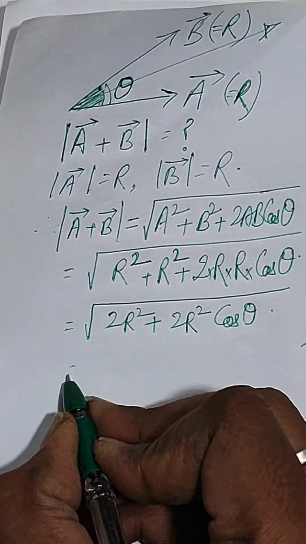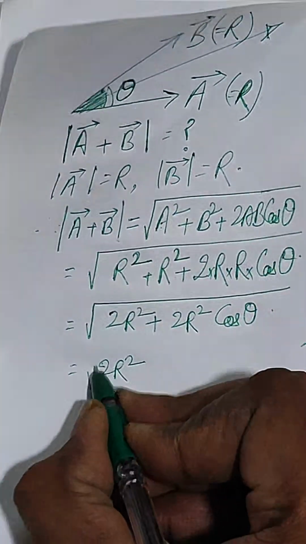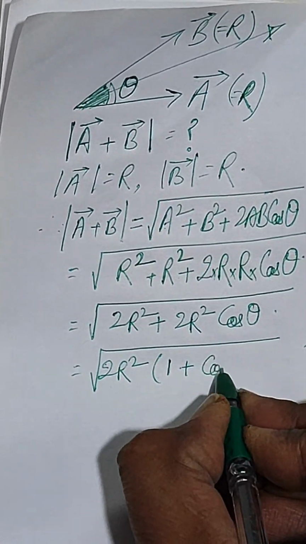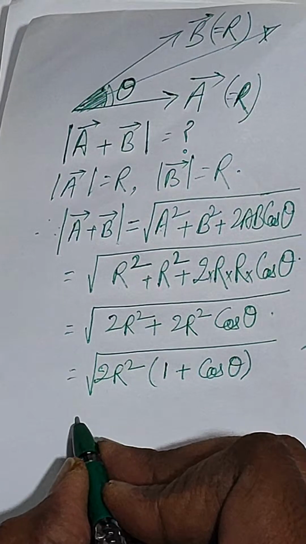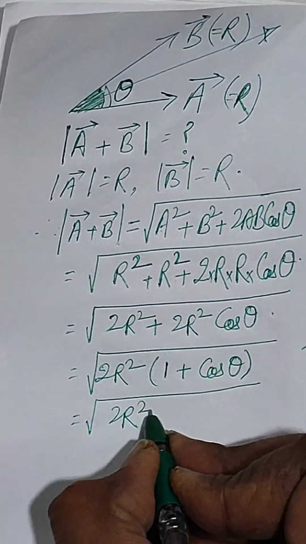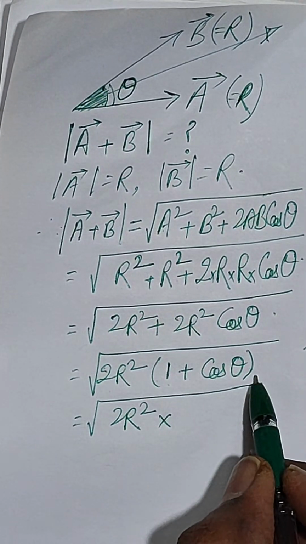And when 2R square is taken as common, inside this root we have 1 plus cos theta, and this can be written as 2R square into this 1 plus cos theta.